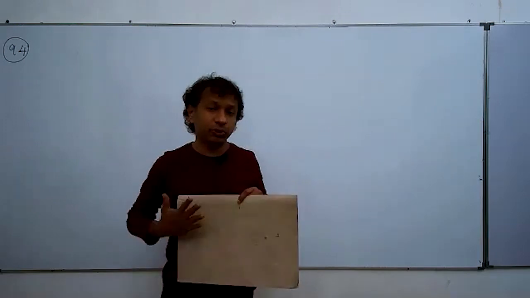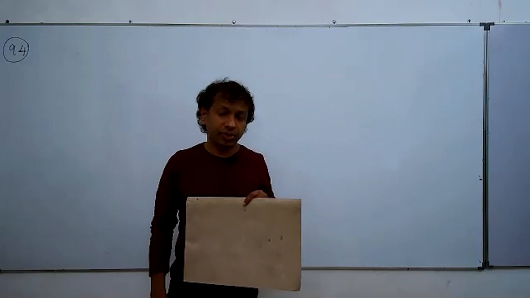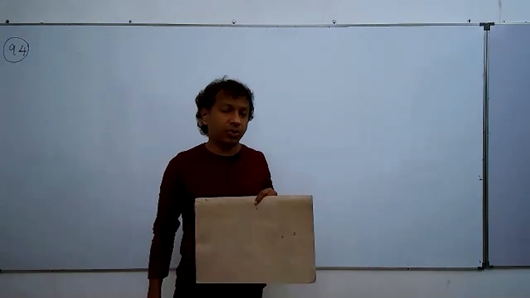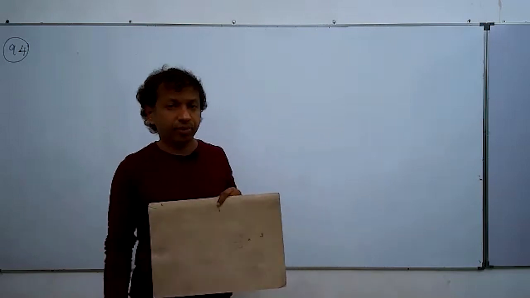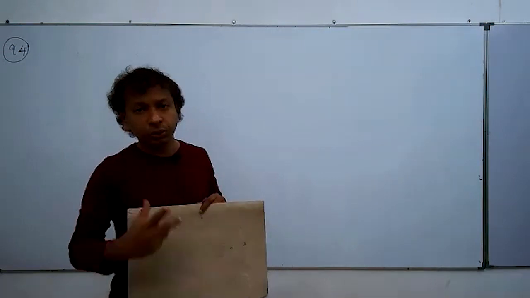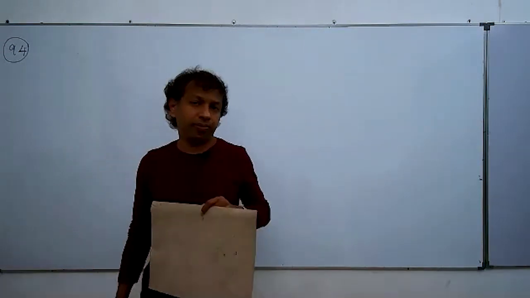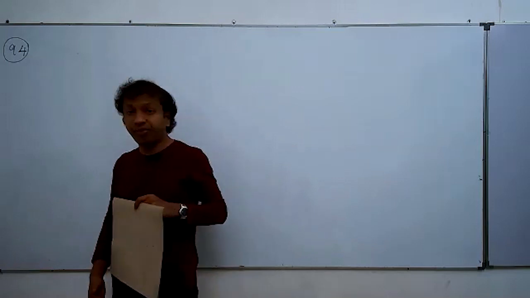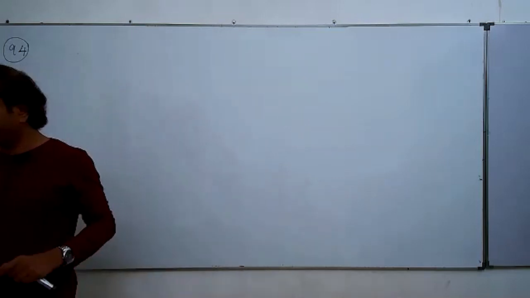The whole area must be used. See the conditions? And the base of the box should be a square. Meantime, the box so formed should contain the greatest possible volume. Very practical question, people.